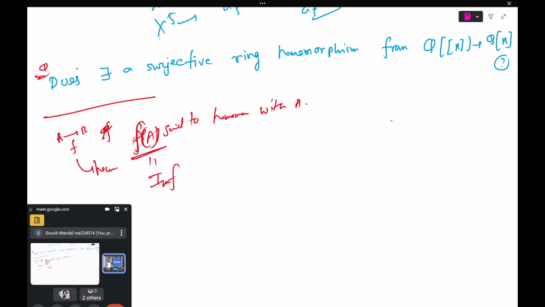Okay, so one hint can be as follows. Since it is a homomorphism, one goes to one, right? Now try to use the fact that one goes to one. At least one should go to one.